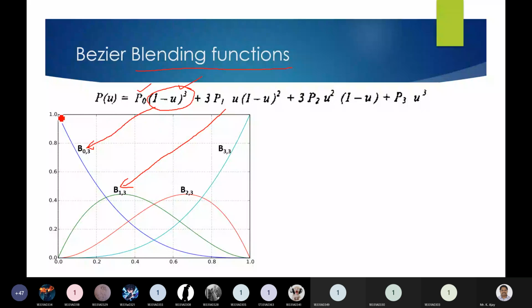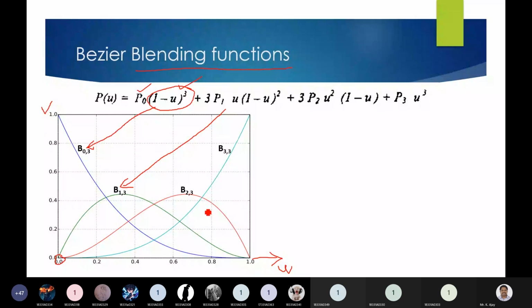The graph for b03 looks like this. It is starting from 1 at u is equal to 0. This is u. The x-axis shows you the u value. U is varying from 0 to 1. So when u is varying from 0 to 1, you can understand how the various blending functions are varying and their influence.